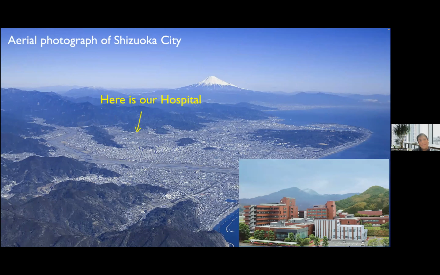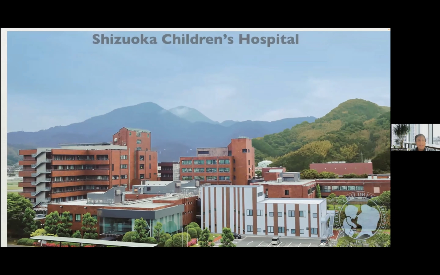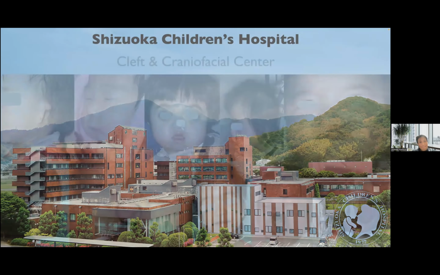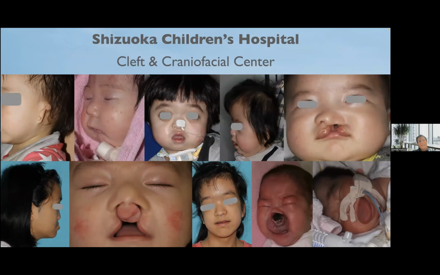Shizuoka Children's Hospital is located in the northeast of Shizuoka City. This is a picture of my hospital. Shizuoka Children's Hospital is a full service facility that offers comprehensive healthcare service for children. Our hospital has set up a cleft and craniofacial center for the treatment of craniofacial anomalies in newborns through growth completion.